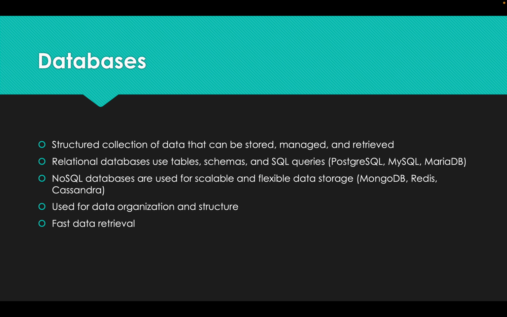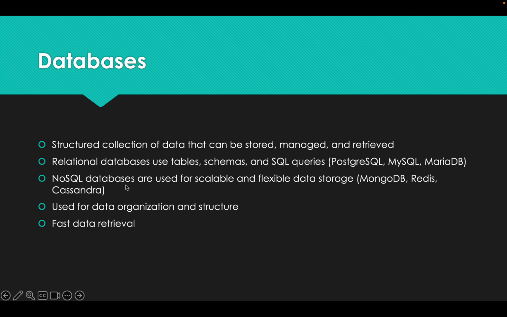First off, I just want to give a little general background about what databases are. Databases are a structured collection of data that can be stored, managed, and retrieved. There are different kinds of database systems. We have relational databases, which is what PostgreSQL is. It uses tables, schemas, and SQL queries.